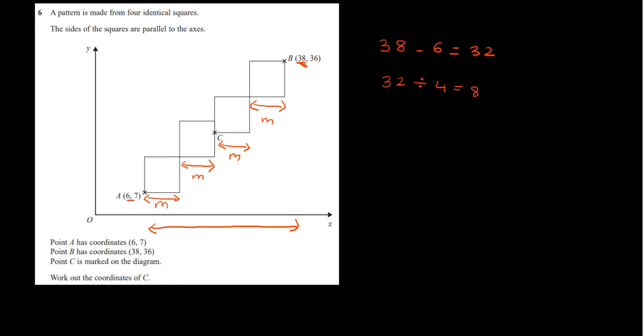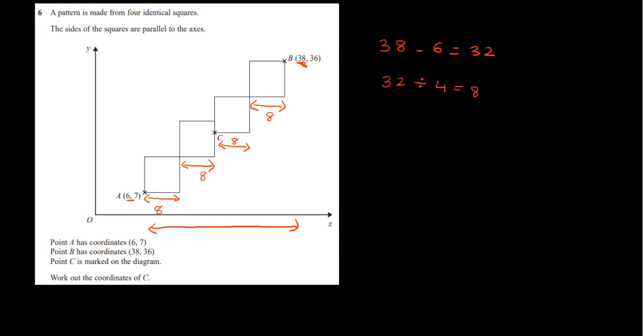So I'm going to get rid of my m's and replace them with the number 8. Goodbye m's, hello 8. That's 8, that's 8, that's also 8, that's also 8. But the height's also going to be 8.